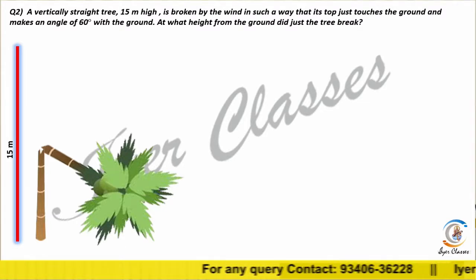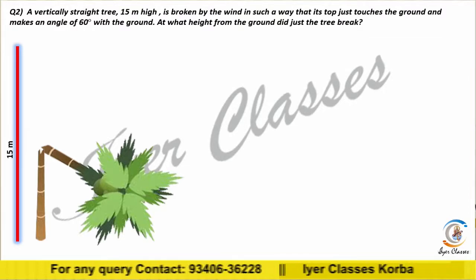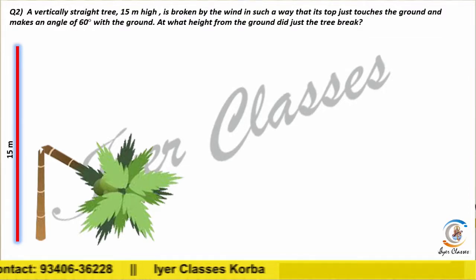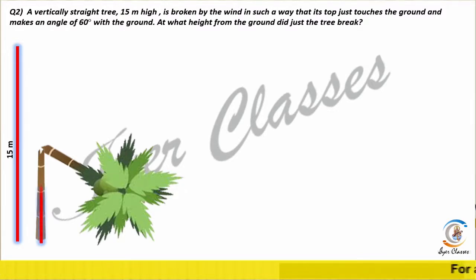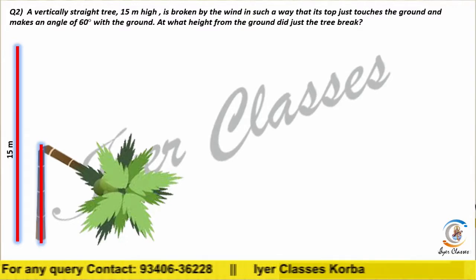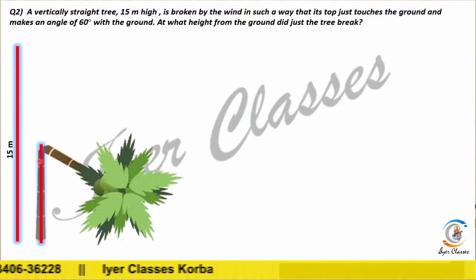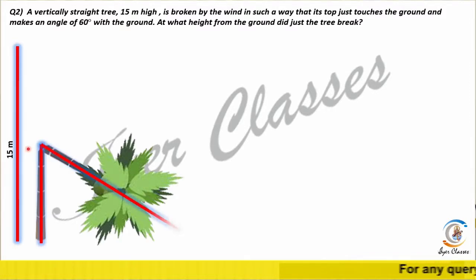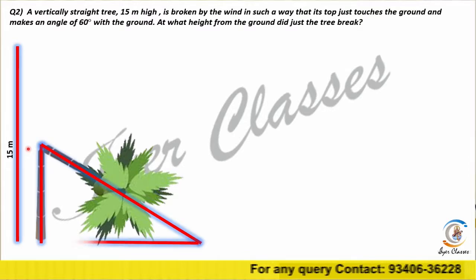Now, at what height from the ground did the tree just break? So that means the whole height of the tree is 15. You have to find out the height from where the tree is broken, right? Now this is the height you have to find out. If you don't know some value, you have to take it as x.